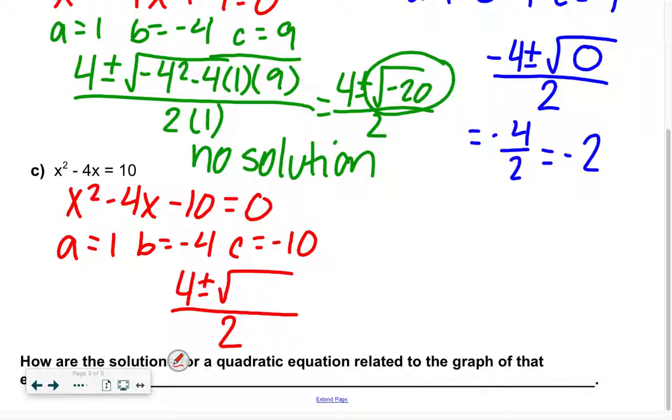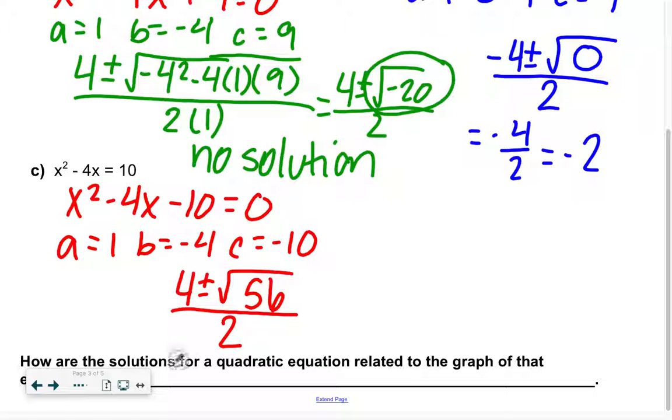Do we have the square root part figured out? 56. So I have a positive number. I'm not going to make you simplify this, but how many answers am I going to have? 2.